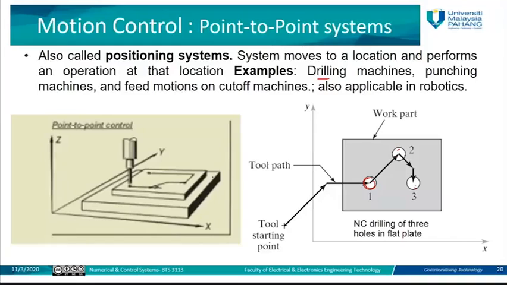This is the spindle here, and this is the workpiece that we want to do some task on. The machine will take action at this point, then move to the second point, take another action, then move to the third point, take another action, then return to this point. So we call this the point-to-point control motion system.